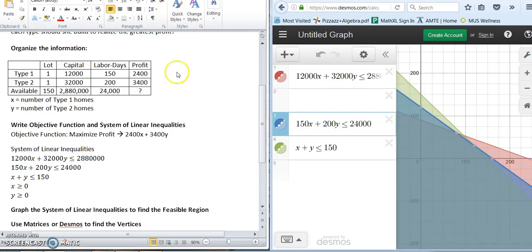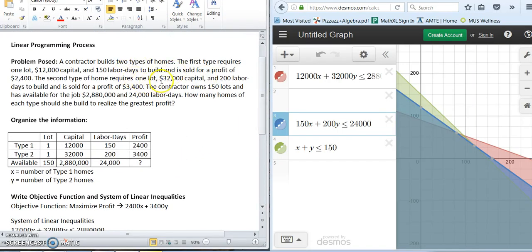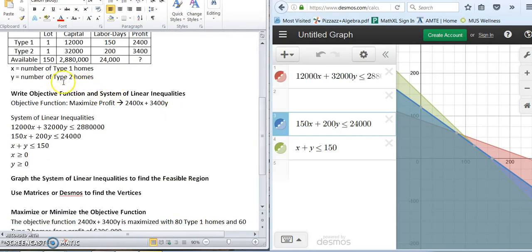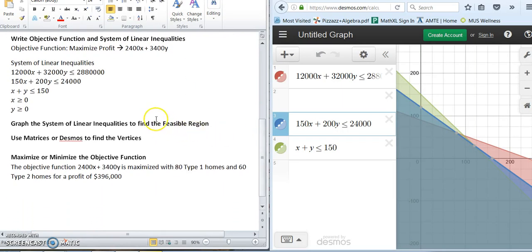So looking back at our Word document here, we start with the process of reading the problem, organizing the information, writing the objective function and system of linear inequalities, and graphing the system of linear inequalities to find the feasible region. I would recommend graphing it with technology.